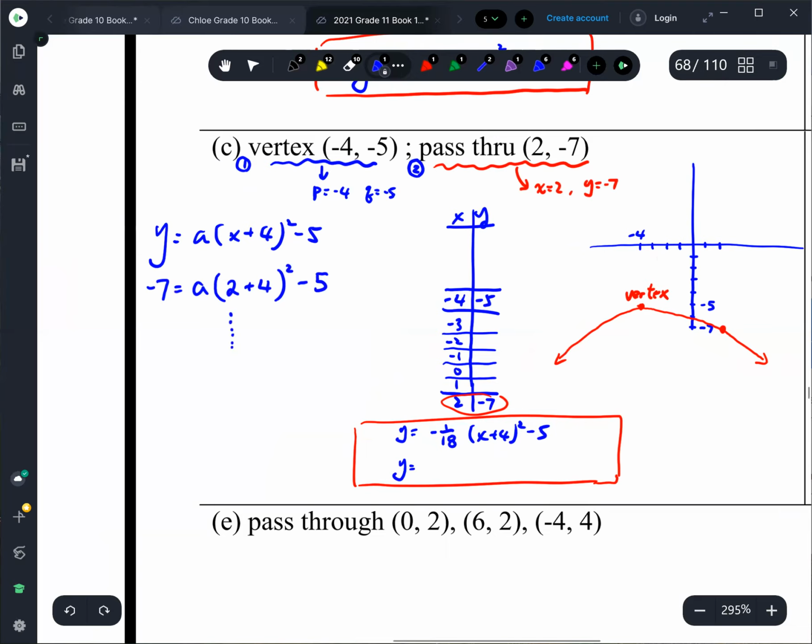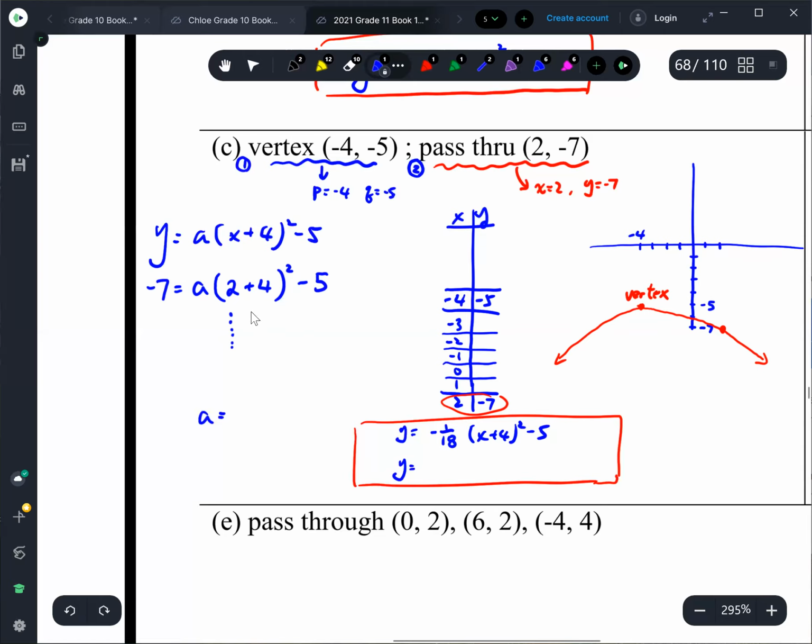So if you guys got stuck over here, now you know what to do. Try to solve for A. So I'll give you another chance. Please find the value of A. Once you found the A, please raise your hand, okay? Follow the order of operations first.